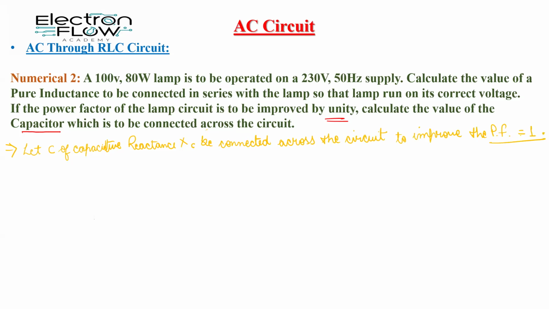Unity means 1. The condition for unity power factor is that the load is purely resistive, that is, the load is of the type of pure resistance. So let's draw the diagram.